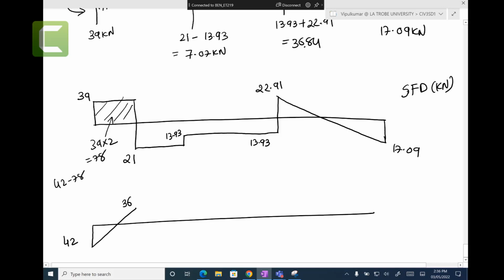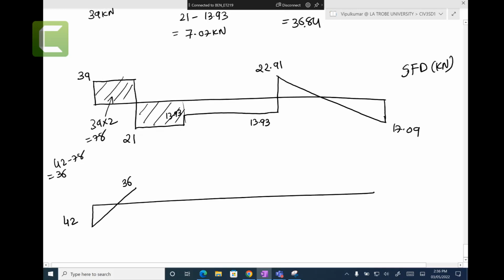So you got 36 here. Then this value here, 21 times 2, 42.